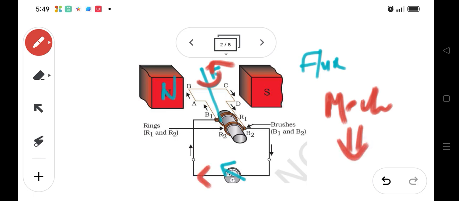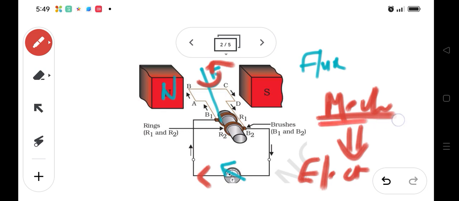This current is generated, electrical energy is generated here. So we provide mechanical energy and electrical energy is generated. So in the generator, the conversion of mechanical energy to electrical energy happens. The input is mechanical energy and the output is electrical energy.